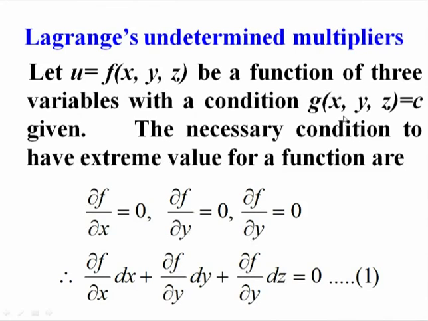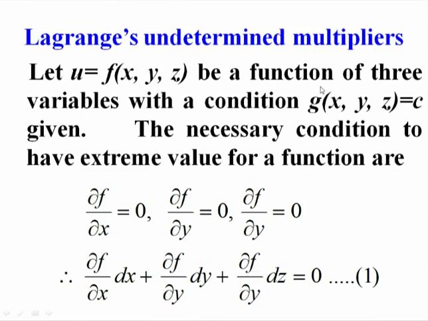Now we have another condition, g of x, y, z is equal to c. If we find the total differential of this function g, which is denoted as dg, earlier we have defined what the total differential of a given function is.